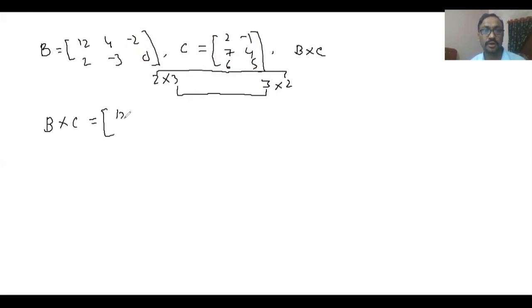So it's going to be 12 cross 2 plus 4 cross 7 minus 2 cross 6. I've done the first row with the first column.